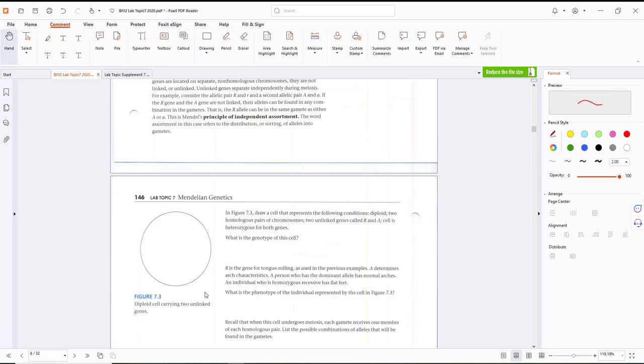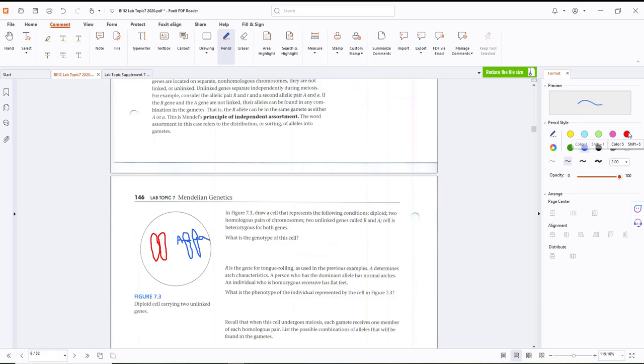Okay, I'll draw it with a pencil. I could have one chromosome. So here's one pair of homologous chromosomes. I'll do a different color for the other pair. This one over here would be A, so I would have big A and little a because they're heterozygous.